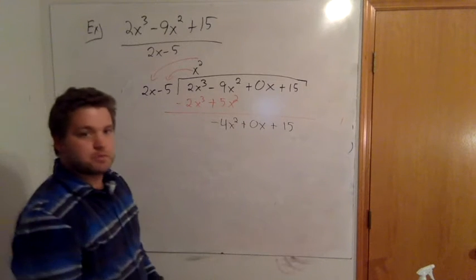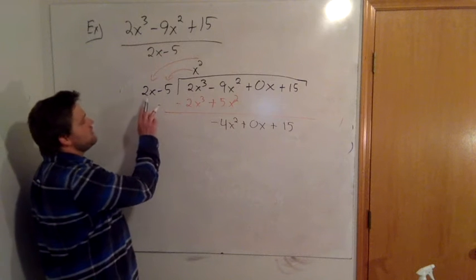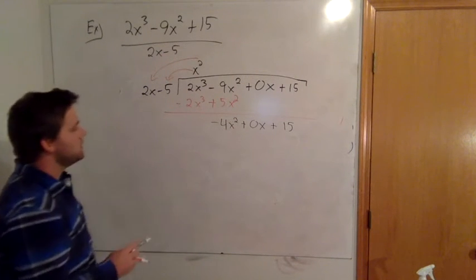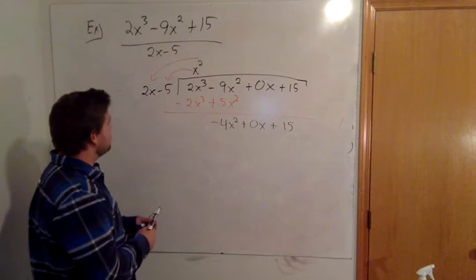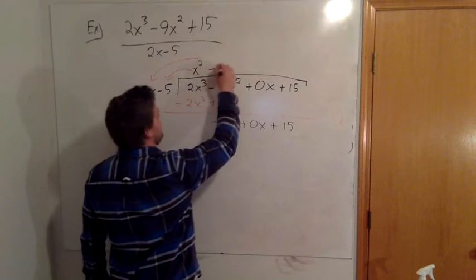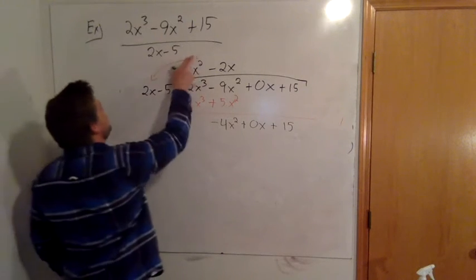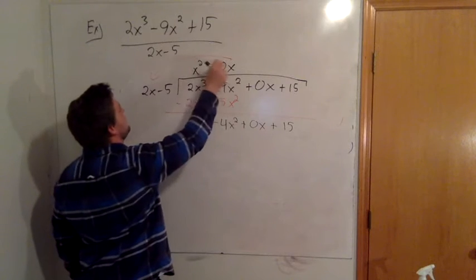And now we repeat the process. We'll ask ourselves the question, what do I need to multiply 2x by to get a negative 4x squared? I think we need to multiply it by a negative 2x. So now I'll take this negative 2x and I'll multiply it into the 2x minus 5.